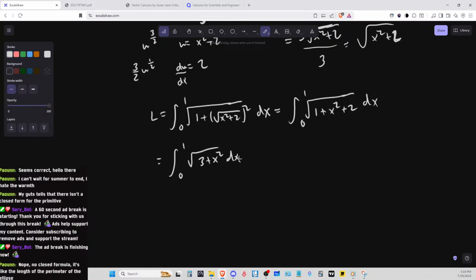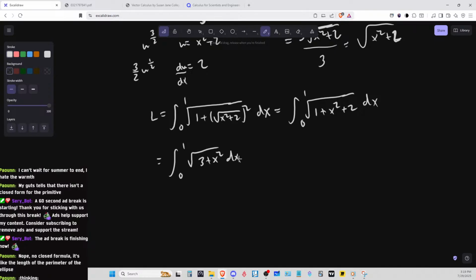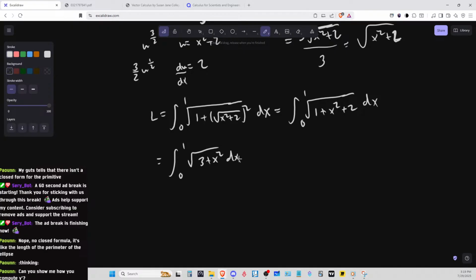This might be like a trig integral, but I'm trying to remember which one it is, because the problem is that I think with the trig ones they have to be 1 over the square root of something, but for this one I don't know if it's supposed to be the inverse trig functions or the regular trig functions.